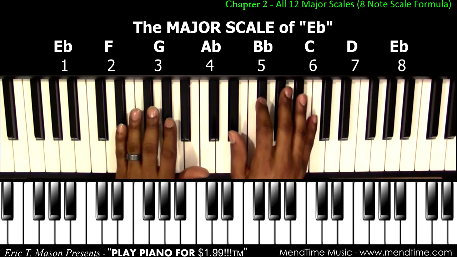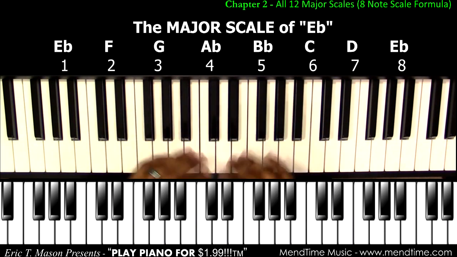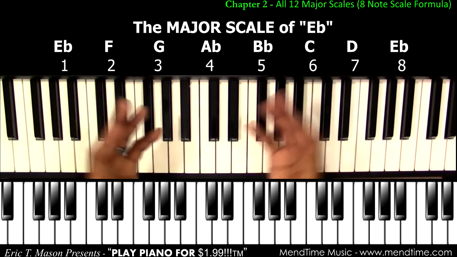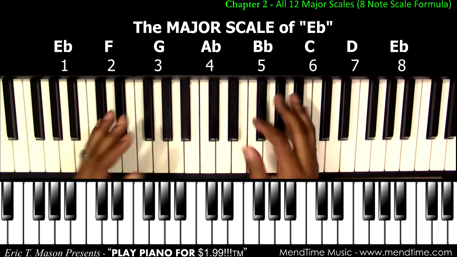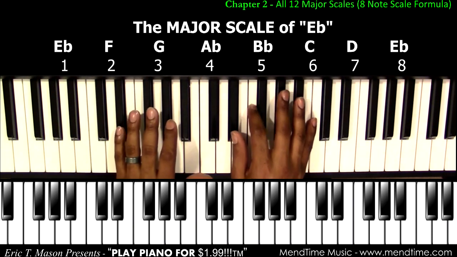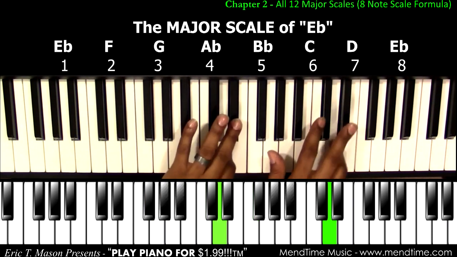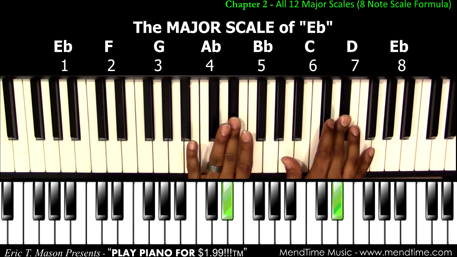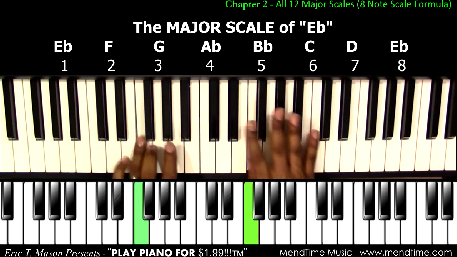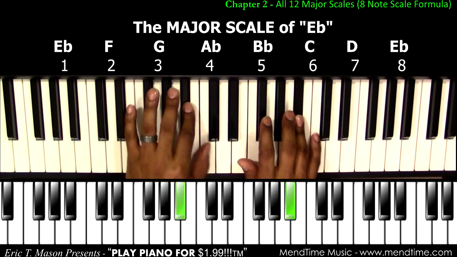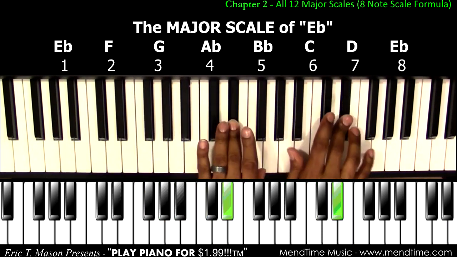And you might be saying, Eric, why do you keep going 1, 2, 3, 4, 5, 6, 7, 8? Because music, as we'll learn in later lessons, is written numerically. It allows us as musicians to go and play a piece of music just knowing the chord progressions.